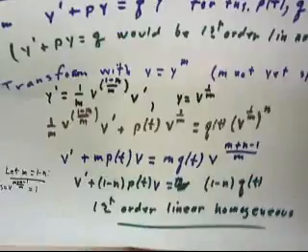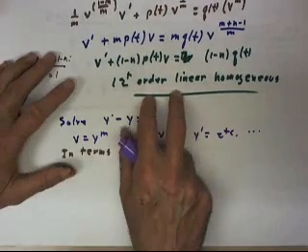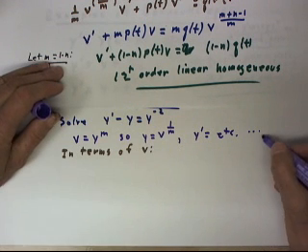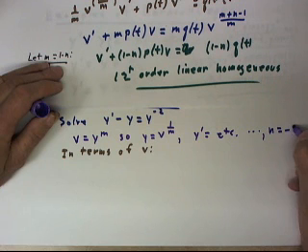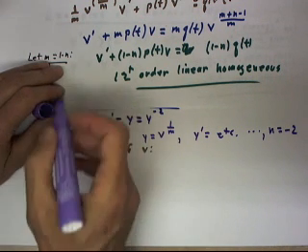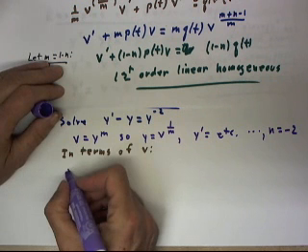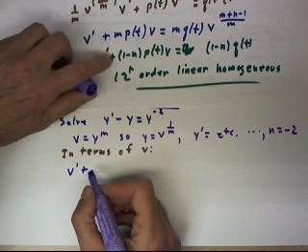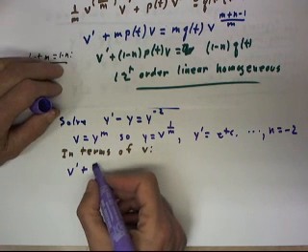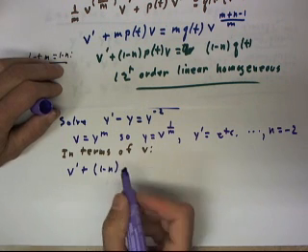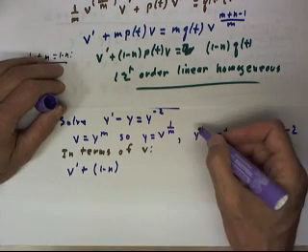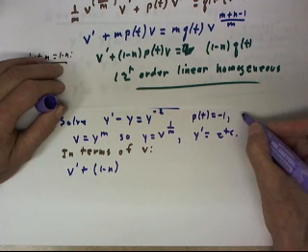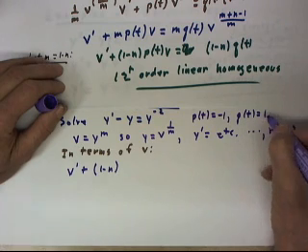Applying that to the given equation, I guess we should also write down here that n is negative 2, so that our equation is going to become v prime plus m p of t v, m being 1 minus n, so that's going to be 1 minus n. We should also identify p of t as negative 1 and q of t as 1.